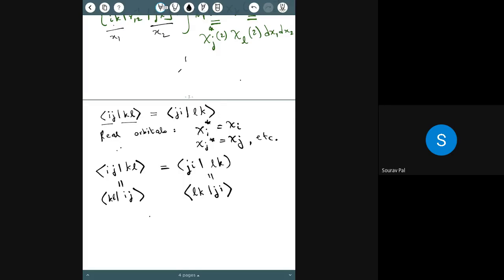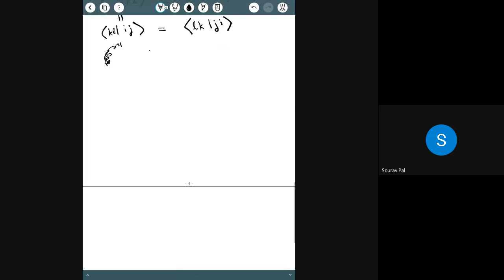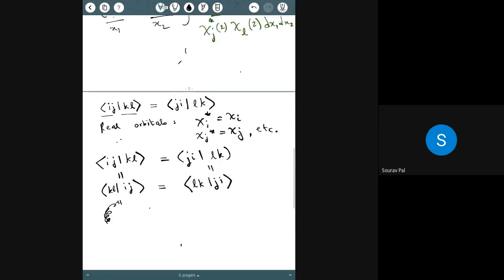Okay, and again by symmetry of the electrons, you have this is equal to, so these two are already equal, and so these four are fine.